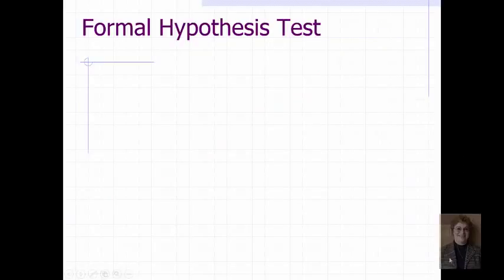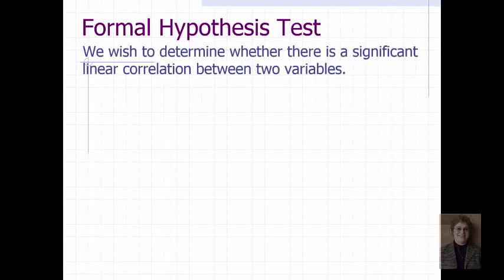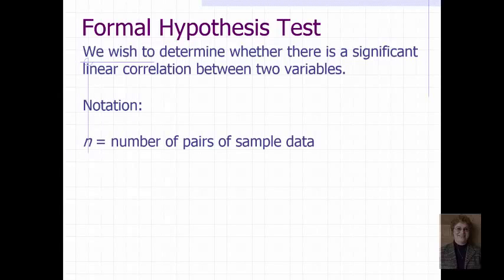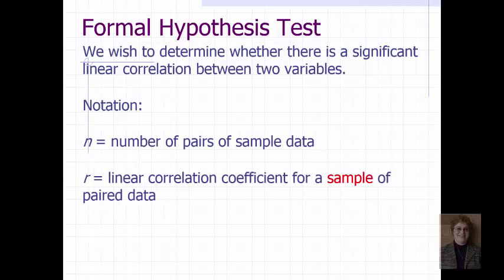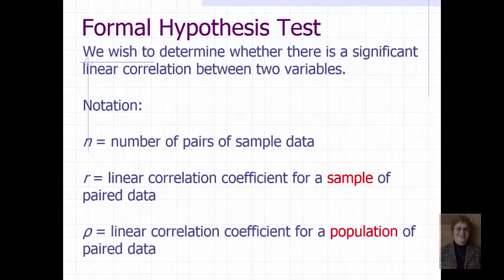Now that we've looked at how we calculate that correlation coefficient, let's go ahead and do a formal hypothesis test. So we want to see if there's a significant linear correlation between two variables. And so again, you know the notation. n is the number of pairs, r is the linear correlation coefficient for a sample, and rho is the linear correlation coefficient for the population.